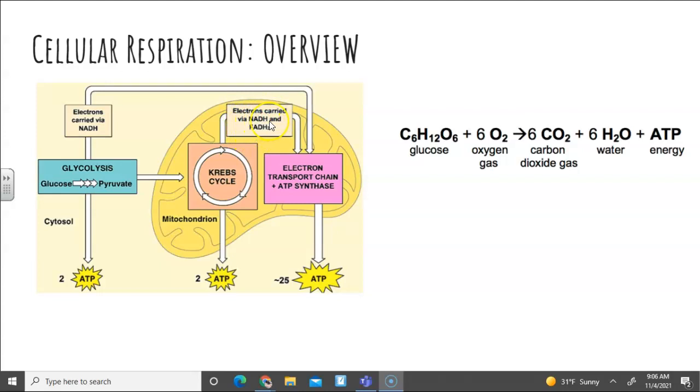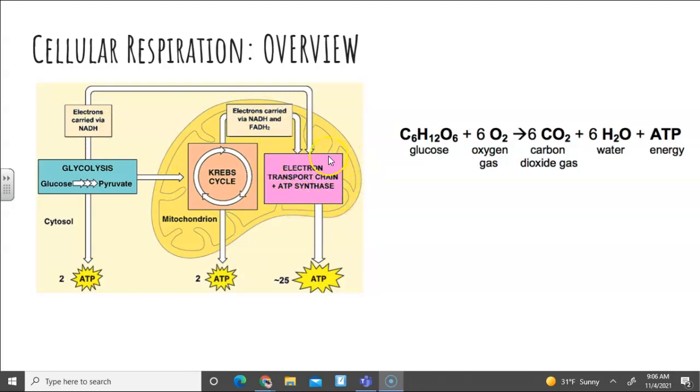We make a bunch of NADHs, and we make some FADH2s. In both cases, the H's are carrying the electrons, and they also are going to go into the electron transport chain. And during this process, we make a little bit of ATP too. So far we've made 4 ATP. But more importantly, we've made these NADHs and FADH2s that are going to go into the electron transport chain.